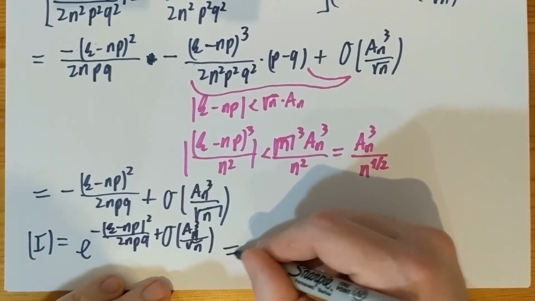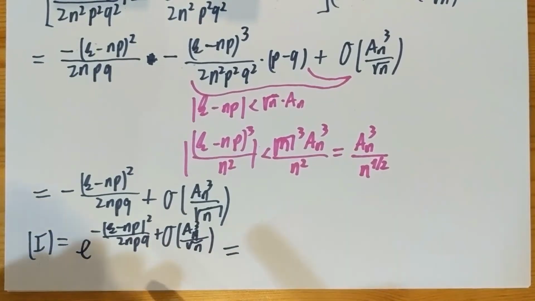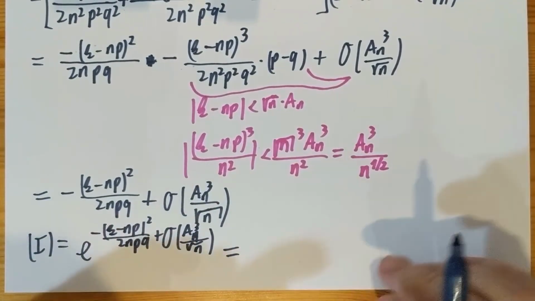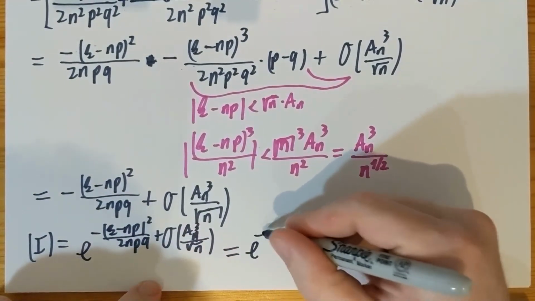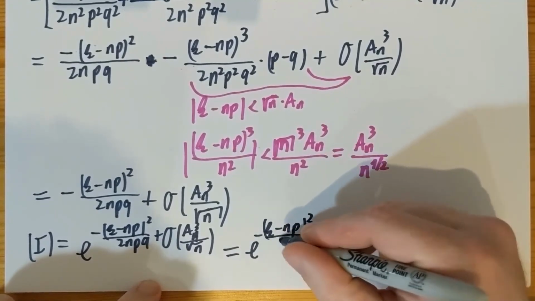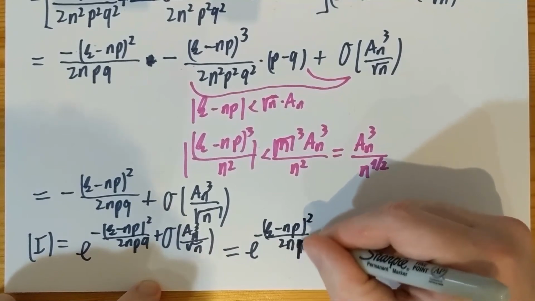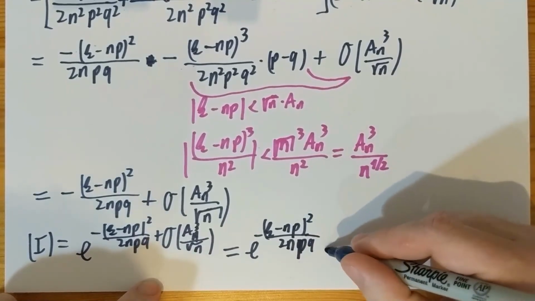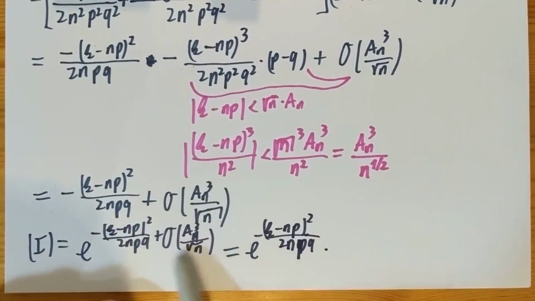But actually this is exponential of the first term, k minus np square over 2npq, times exponential of the second term.